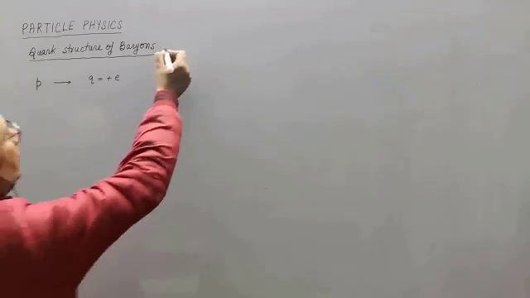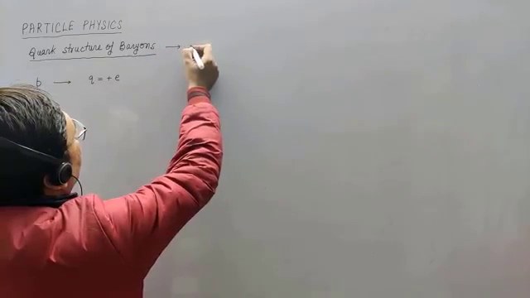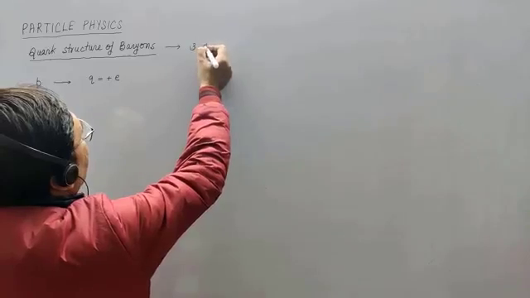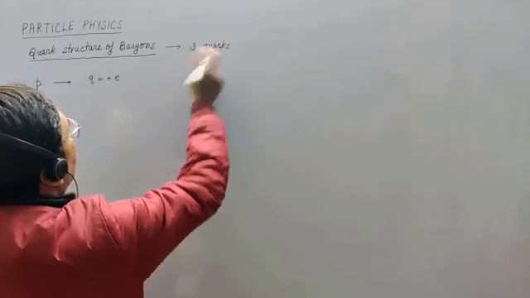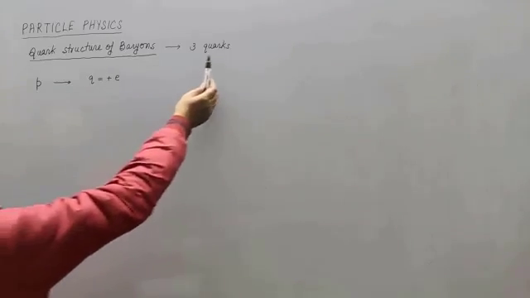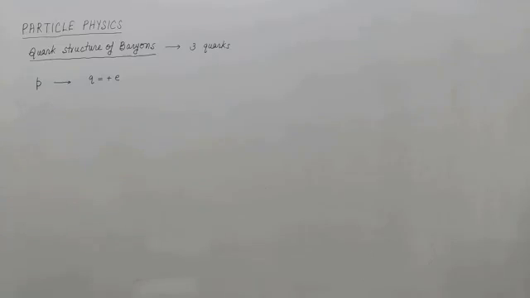Proton is a baryon, so it will be made up of 3 quarks. There will not be any antiquark here. Only 3 quarks will form the baryons. We are aware of this property.